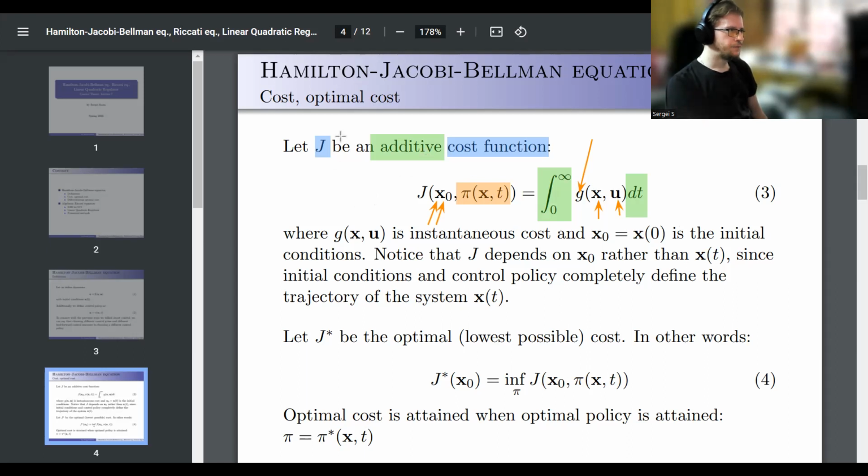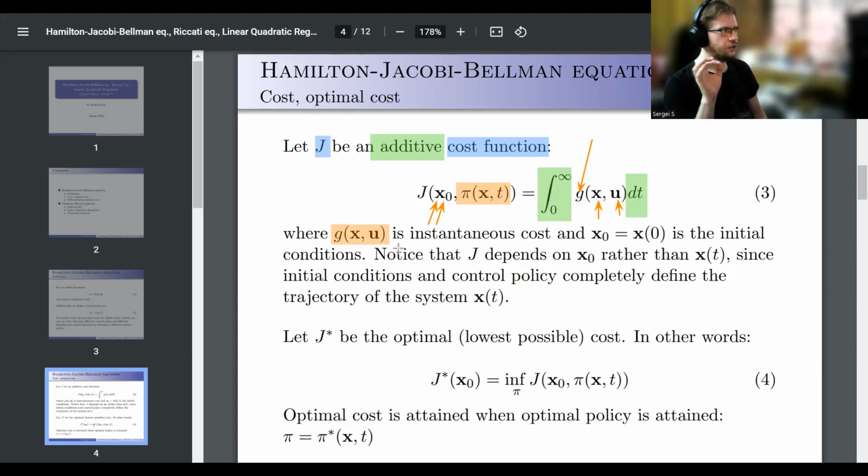So first of all, this cost is what we call instantaneous cost. We look at the pair x and u, and we decide how much we want to punish it. Let's say our ideal case is when x and u are equal to 0.